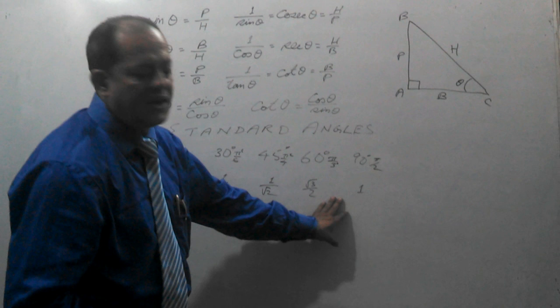Same way, A minus B is equal to C plus D by 2 minus C minus D by 2, which is equal to C plus D minus C plus D by 2. So C gets cancelled, it is twice D by 2, which is equal to D. So A minus B, it is D.